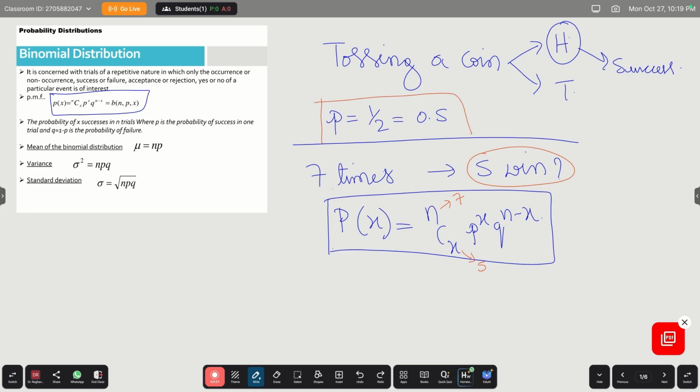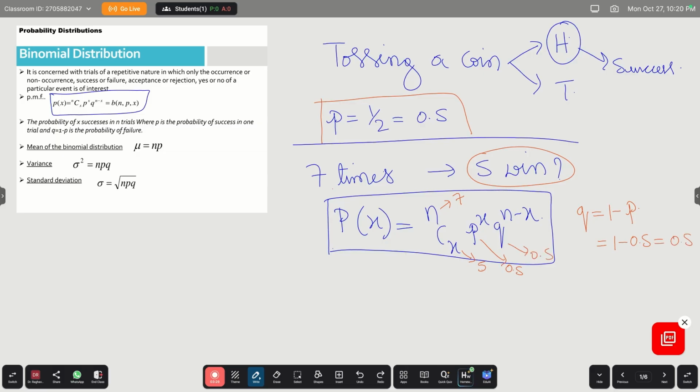It is 0.5. So my p value will be 0.5. And what is q? q is the probability of failure. It is very easy to calculate. Whenever you have p, q can be calculated with the help of the concept of complement, 1 minus p. So q will be equal to 1 minus 0.5 here, which is also 0.5.